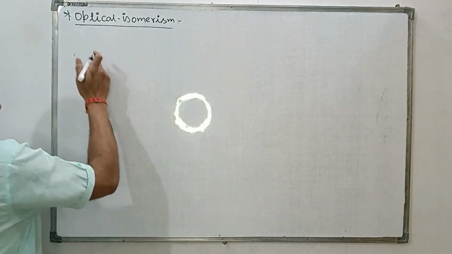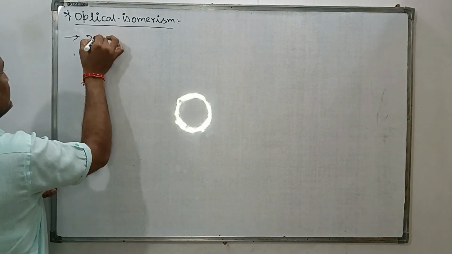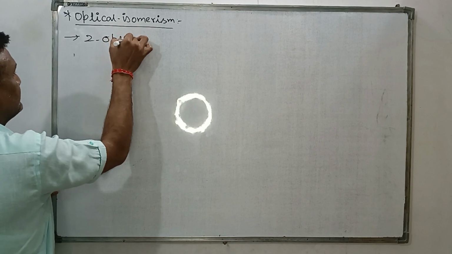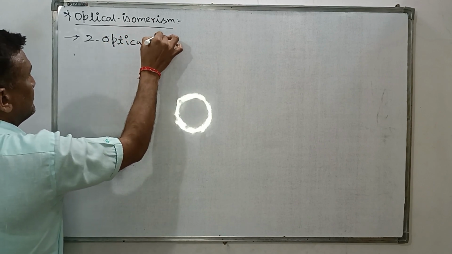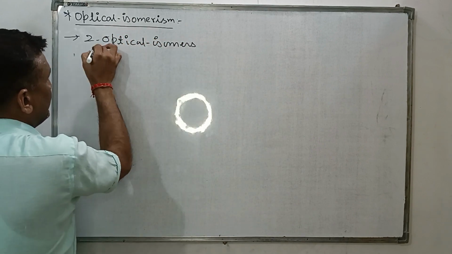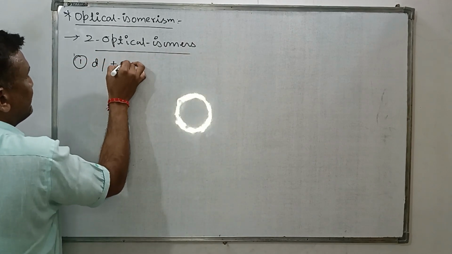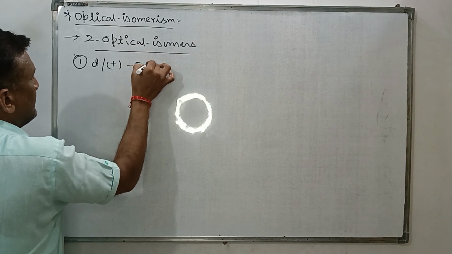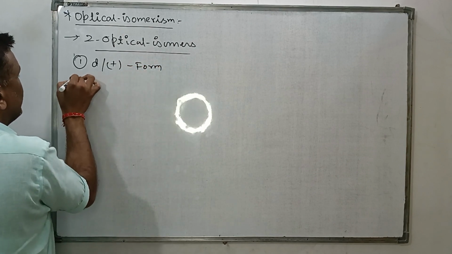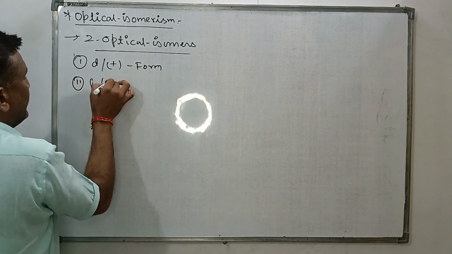So there are two optical isomers, one is the D form, or you can say plus form, and another is the L form. This is the minus form also.